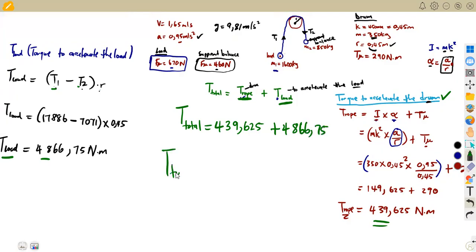So we obtain the total torque in this case, which is going to be 5,306.375 in Newton meter. So that is the whole concept of the question.